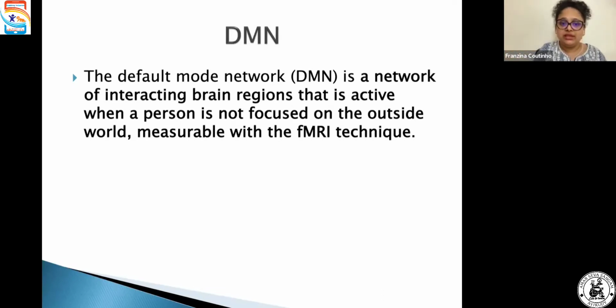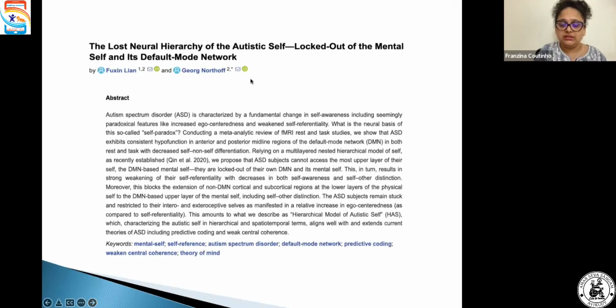Yeah. So they have a damaged DMN. Their default mode network is not activating at all. This is recent, from 2021, where it's called a locked out state.